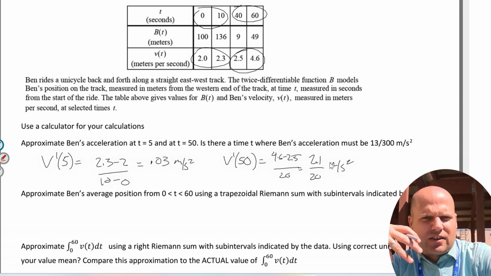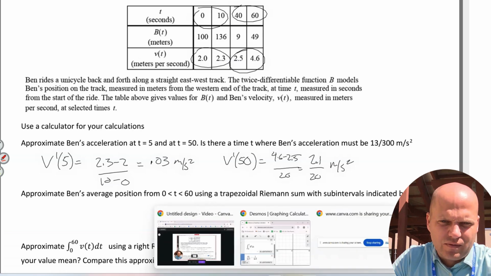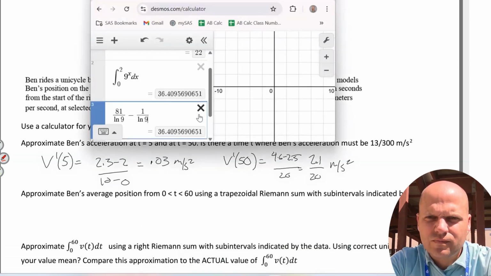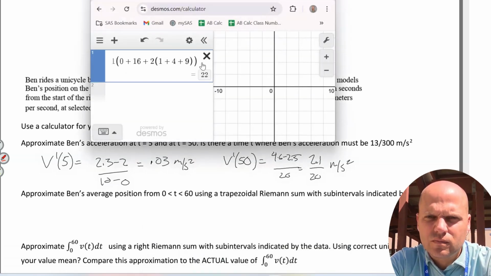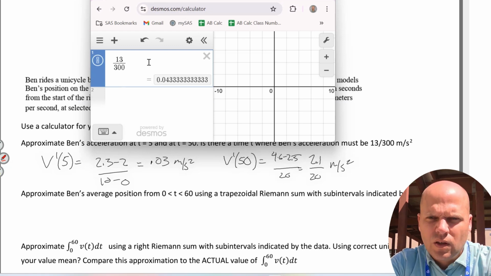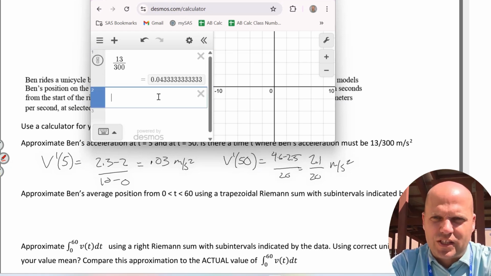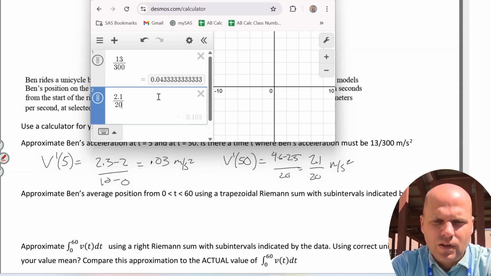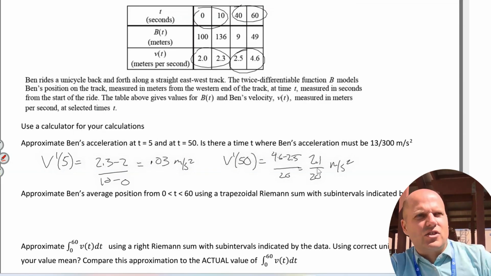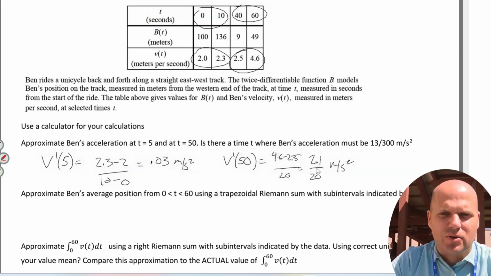Is there a time when Ben's acceleration must be 13 over 300? Well, starting from 0.03 and going to this value, we know that our slopes must pass through that, provided my function is continuous and differentiable.